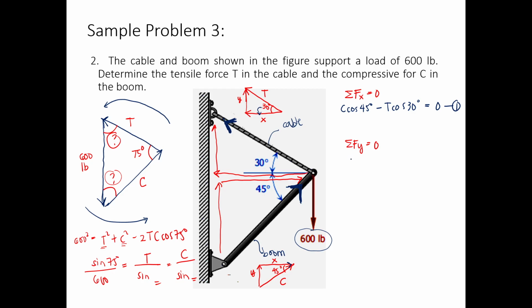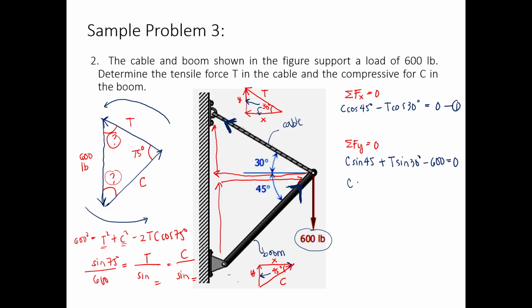For the y component, we take the upward forces first, and there's only one downward, so the compression first: c sine 45, that's opposite the angle, plus t sine 30 degrees, because the y component on the cable is also going upward, and then minus 600 because we have a force going downwards.